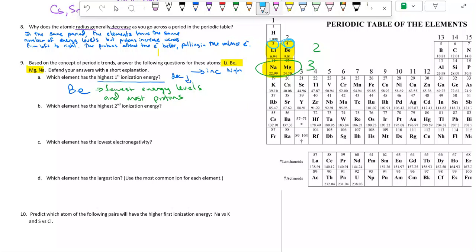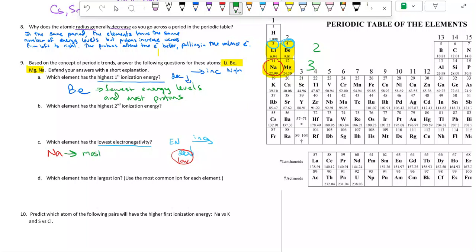Okay, C says which element has the lowest electronegativity. So electronegativity increases across and decreases down. So the lowest electronegativity should be down here. And so it should be Na. Okay, but that's not an explanation of where it's located. So electronegativity is about attracting electrons, shared electrons. So why would sodium have the lowest?